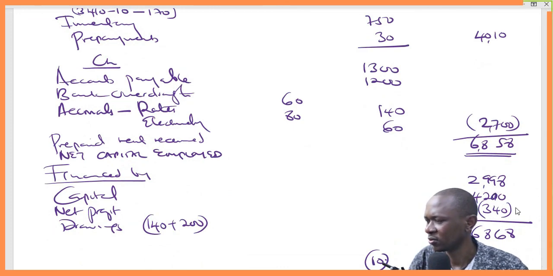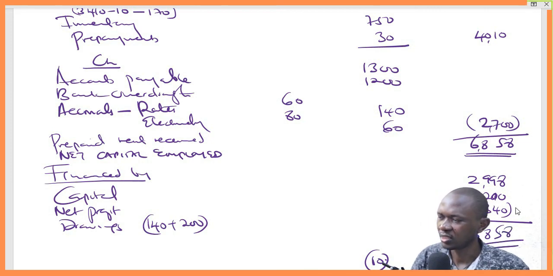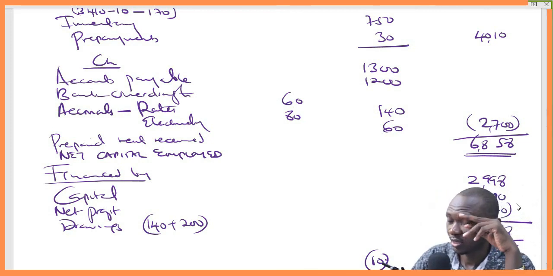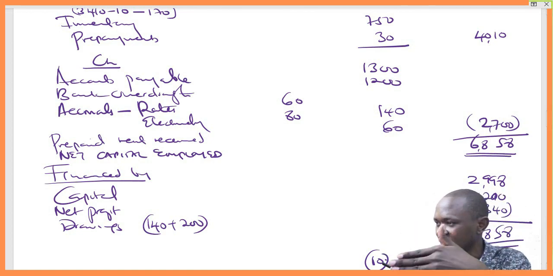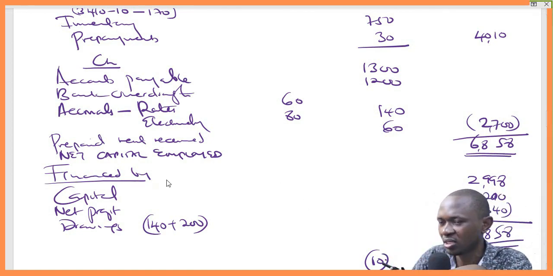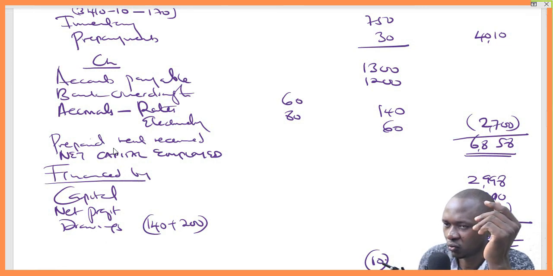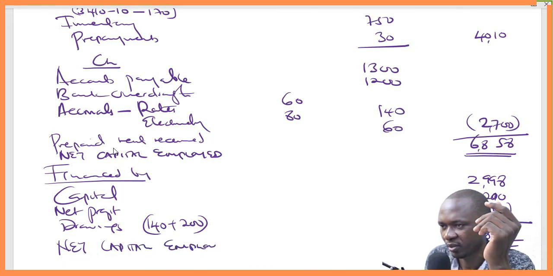4200, good. And then when we add, now we are going to get our 68.58. So yes, that is the balancing figure. You can see 68.58, 68.58, and all these are lessons for you to learn. You need to be very keen with your figures. If you don't pick the figure correctly, it will mess you up, especially at the end of the question.